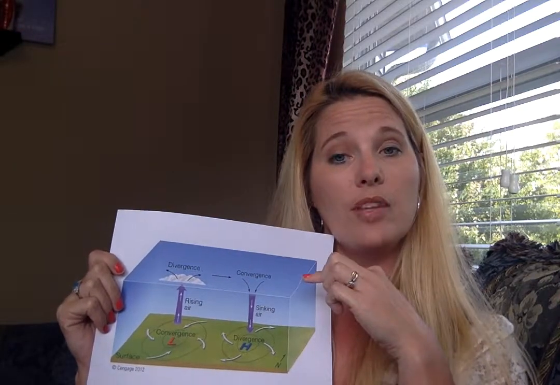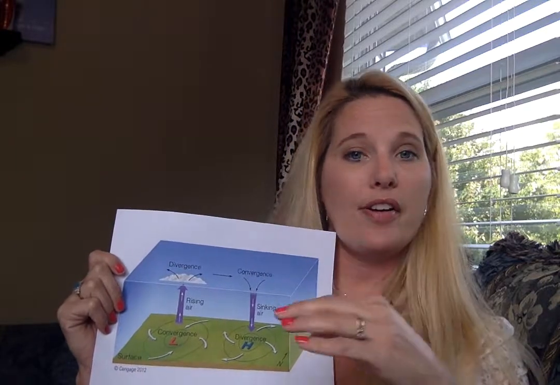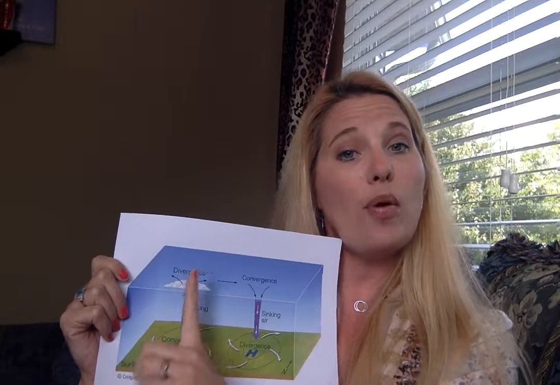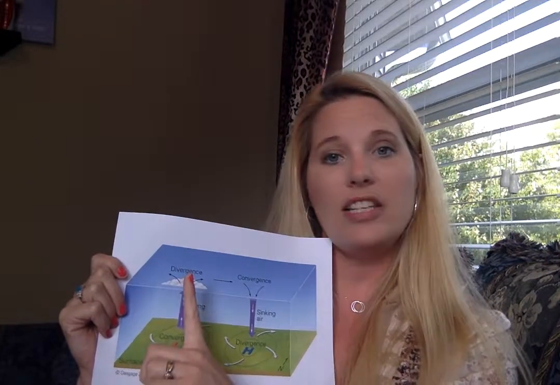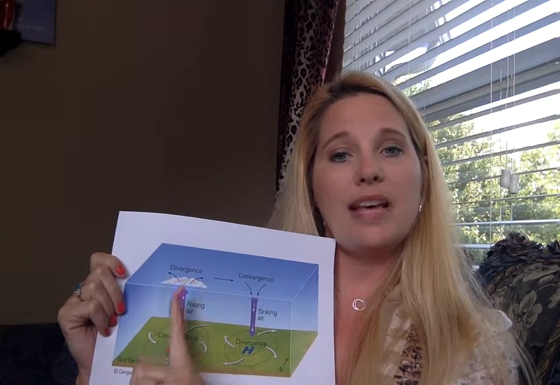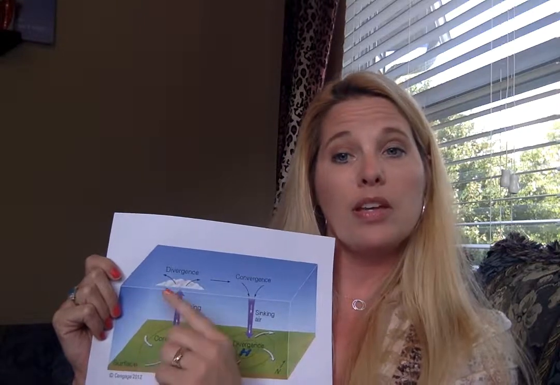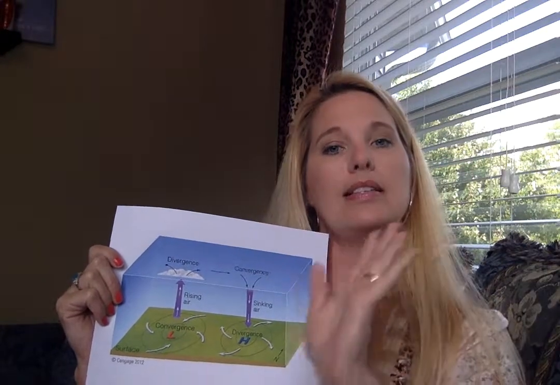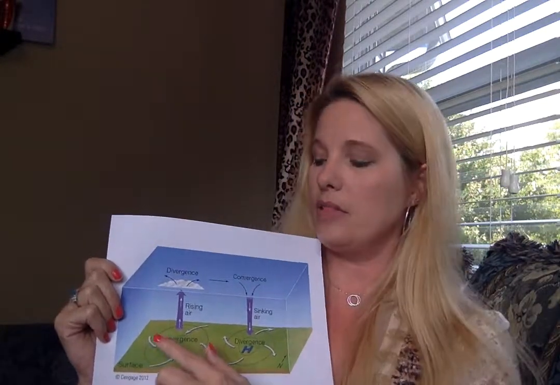Once it reaches the top of the troposphere, remember the tropopause, that area where the jet stream's going, it can't continue to go up anymore. It's that temperature inversion that stops it. So once it gets up there, again, it's got to go somewhere. It can no longer go up, so it starts going out. That's divergence, when air is splitting ways, it's getting less dense, it's going somewhere else.